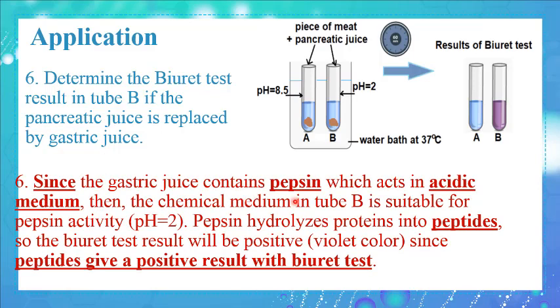Since the gastric juice contains pepsin, which acts in acidic medium, then the chemical medium in tube B is suitable for the pepsin activity, which is pH equals 2. Pepsin hydrolyzes proteins into peptides, so the biuret test result will be positive and it will give a violet color, since the peptides give a positive result with the biuret test.